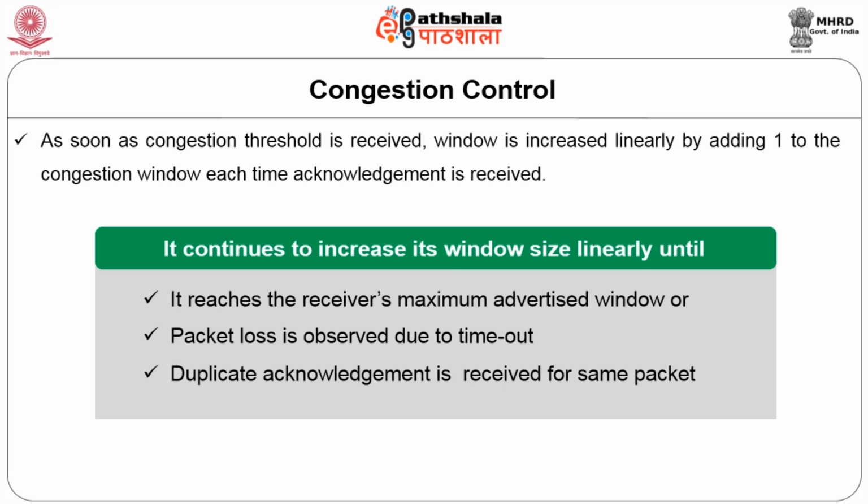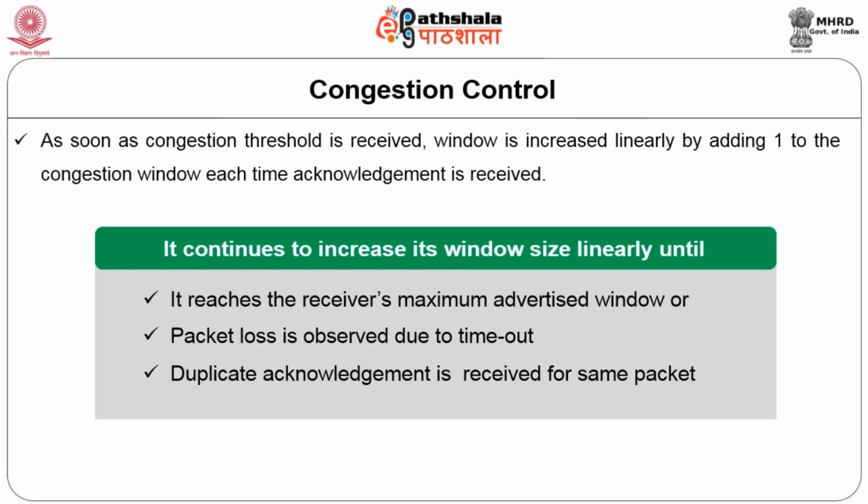Now, in the congestion avoidance phase, the window size is increased linearly, that is by making an increment of 1 until it reaches the receiver's maximum advertised window or packet loss is observed due to a timeout or due to the receipt of duplicate acknowledgements.